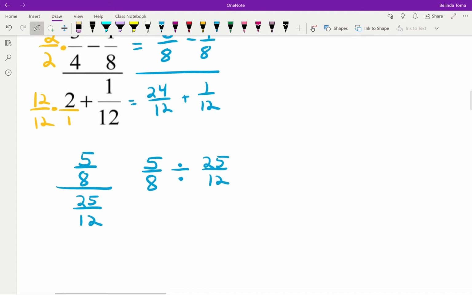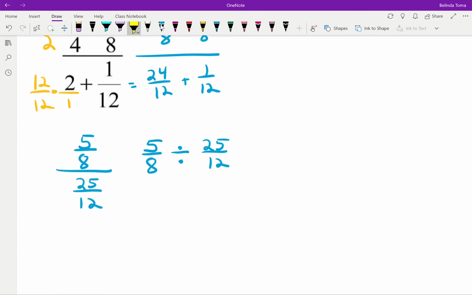And as you may recall, when we have division, dividing is the same thing as multiplying by the reciprocal. So we're going to rewrite that problem as 5/8 times the reciprocal of 25 over 12, which is 12 over 25.